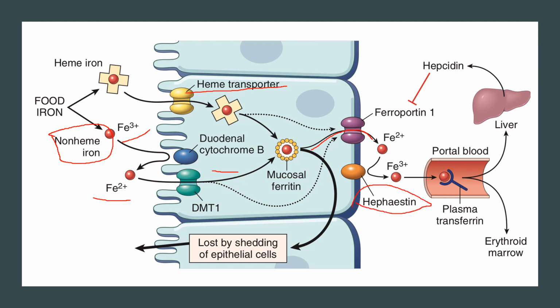The ferric iron gets attached to plasma transferrin, and with the help of the transferrin molecule, it gets to the bone marrow or liver.